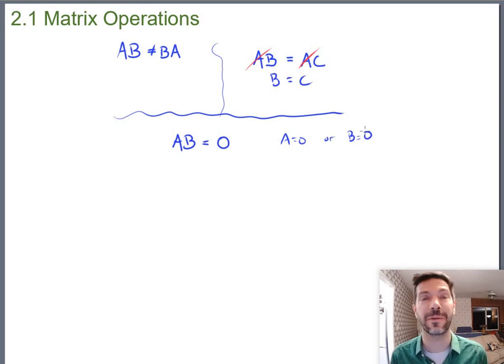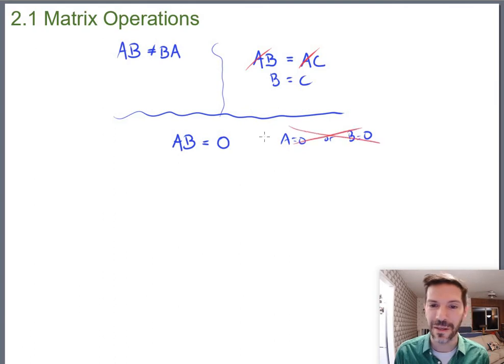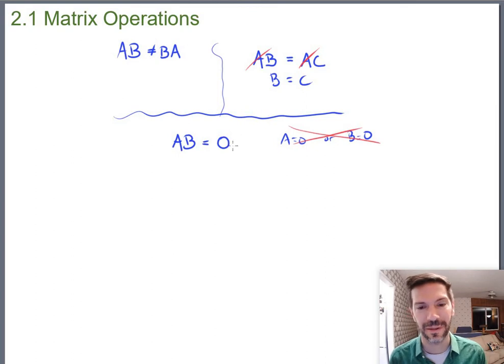That's why you take quadratic equations and set them equal to 0, so you can then factor and say one of those factors must have been 0. That is not necessarily true here. If you multiply two matrices together and get a 0 matrix, it doesn't necessarily mean that either one of them was 0 to start with. Let's look at a counterexample there as well.